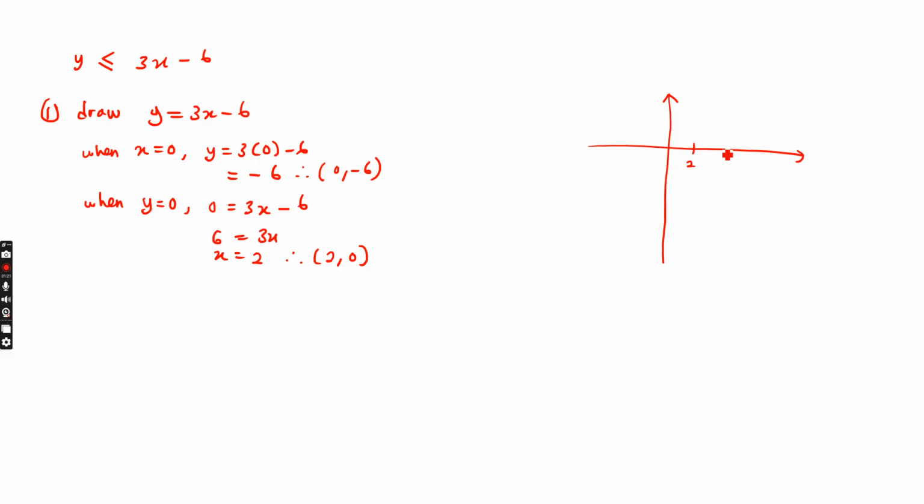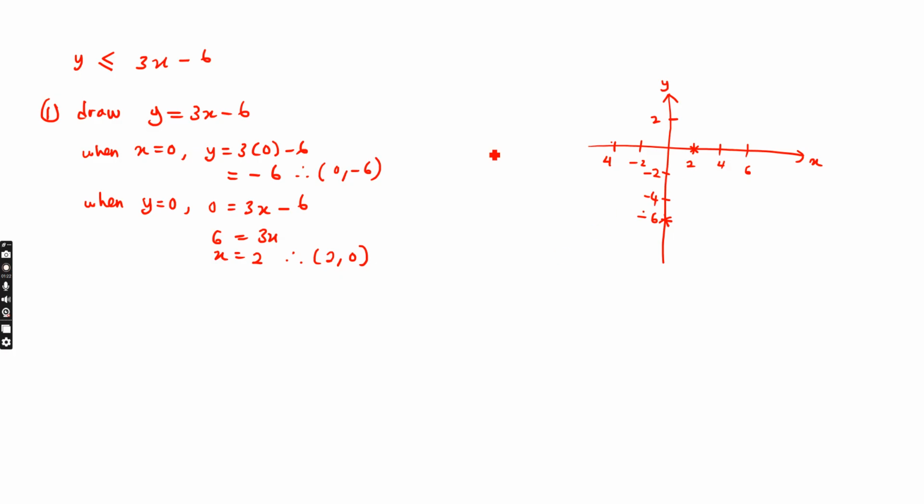If you want to use 1 cm for each unit, you must make sure it is 1 cm. Okay, here we have x and then we have y. The first coordinate that we have is 0, negative 6, which is here. Then 2, 0 is here. Now we can draw a straight line.